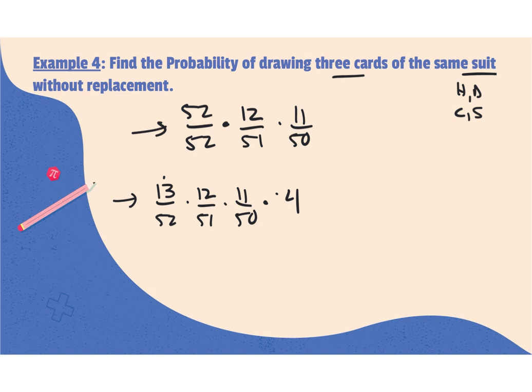So what I'm going to do is say 12 over 51 times 11 over 50 is going to be 0.0517, so 5.17%. So a little over 5% of the time is going to be 3 cards of the same suit, so not very often.